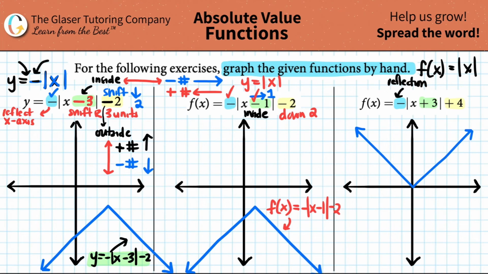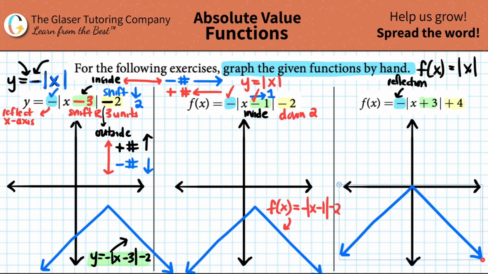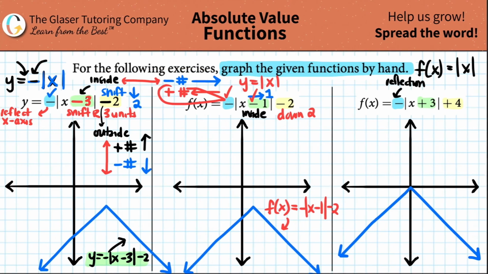So I'm going to take this whole graph, just like we did before. It was a V, and now it's got to turn into a mountaintop. Boop. Now, let's do the inside one. Remember, any numbers that are inside of your function, in this case the absolute function, is a right and left shift. This one is now a plus number.